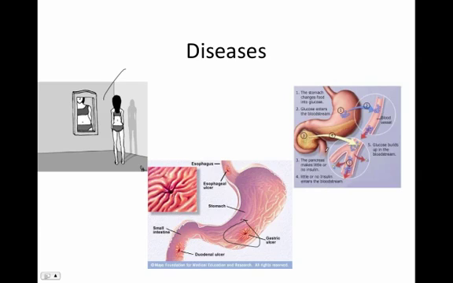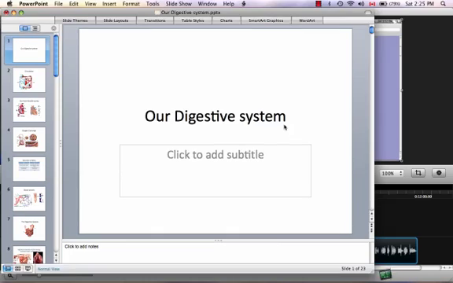And this one's talking about glucose and sugar in your bloodstream. As we said before, if the pancreas isn't making any insulin, then you can have what's called diabetes, and that can cause unbalanced blood glucose levels in your bloodstream.